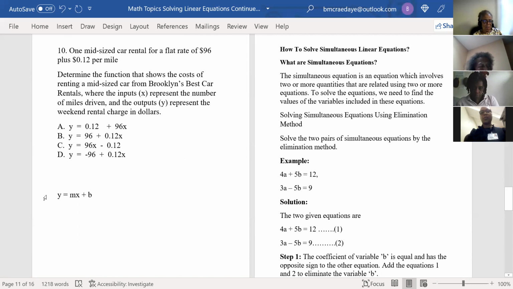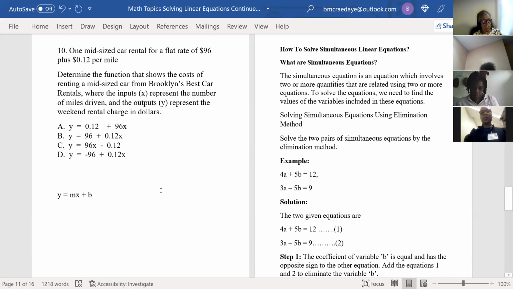So what is your answer? The coefficient. Wait, Maureen. What is your slope? 0.12. So that slope is the coefficient of the X. No, Maureen.